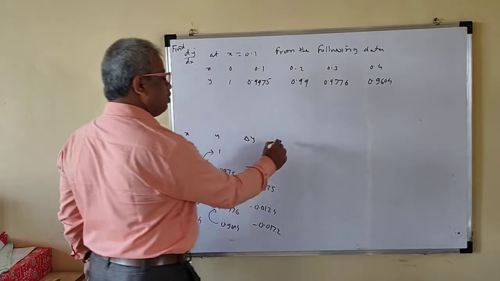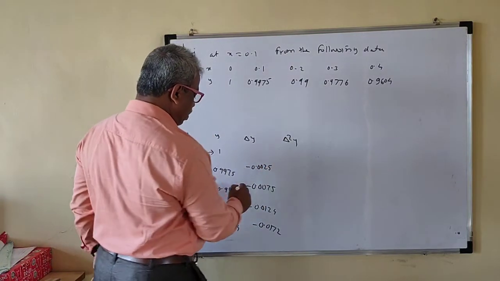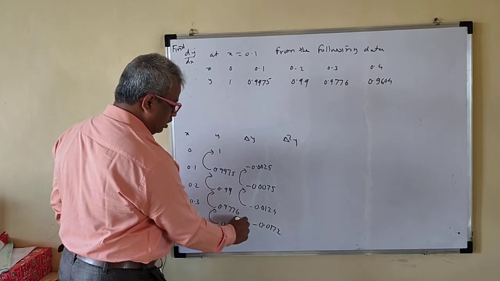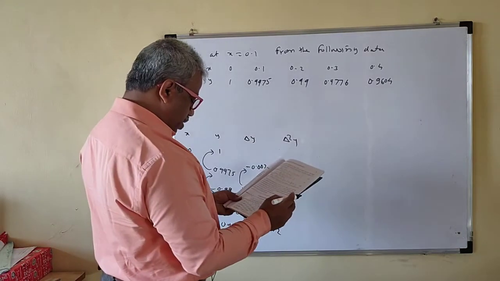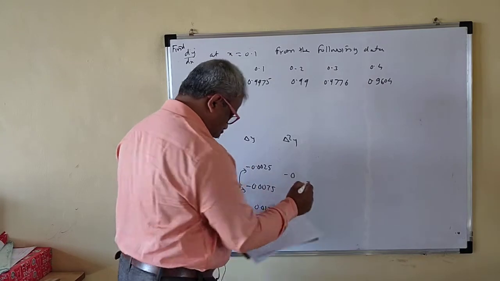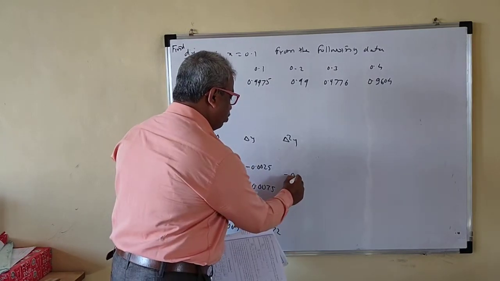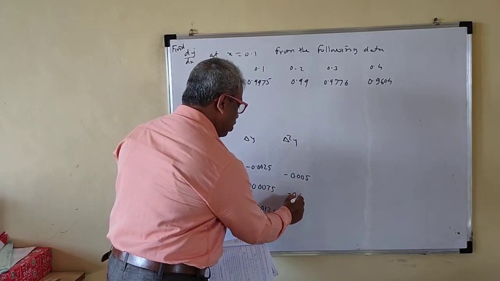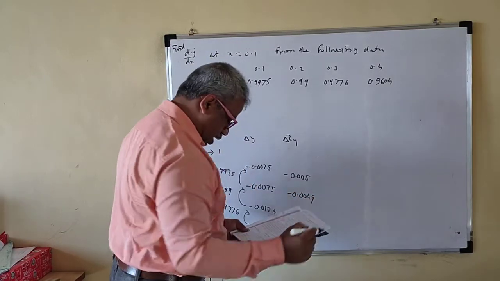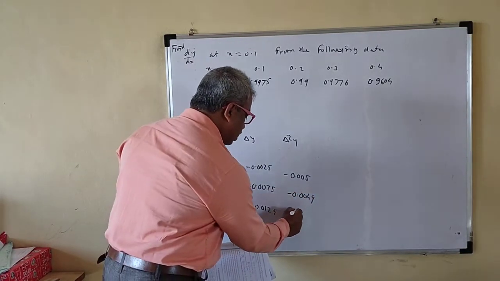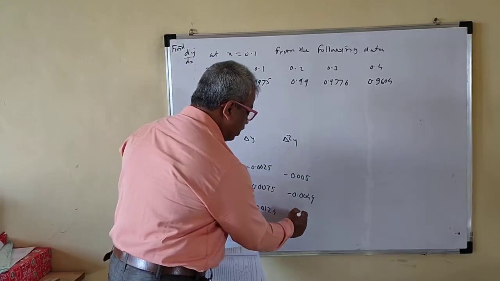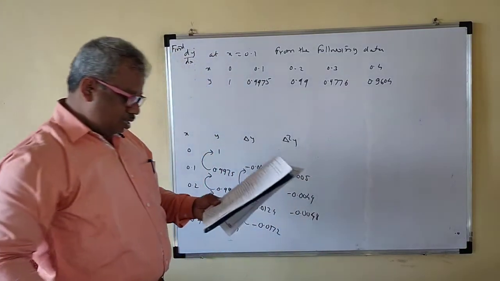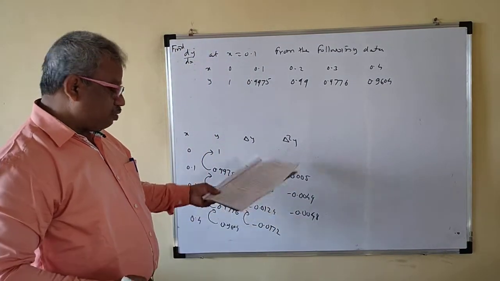Now del square y. You have to do this one: this minus this, this minus this, this minus this. I write that value as minus 0.0049. Use the scientific calculator and check whether the values are correct or not. Whatever the answers given in the book, I write just as it is, so these values may be wrong.